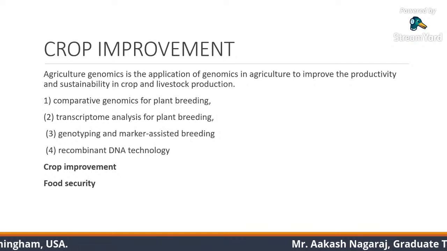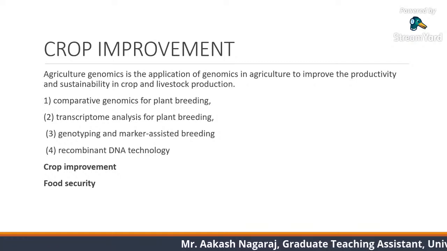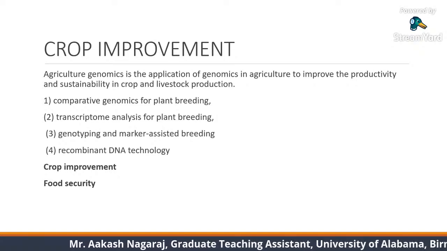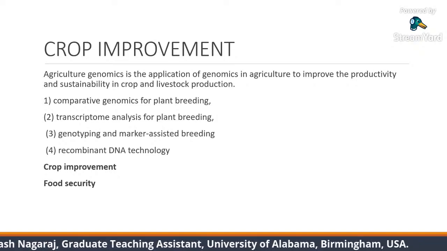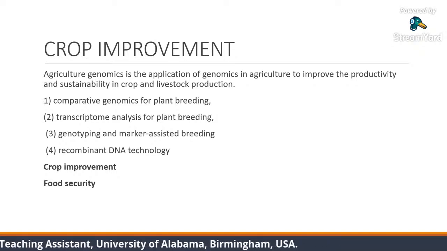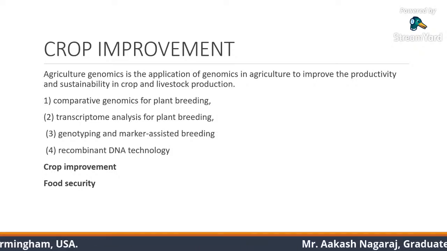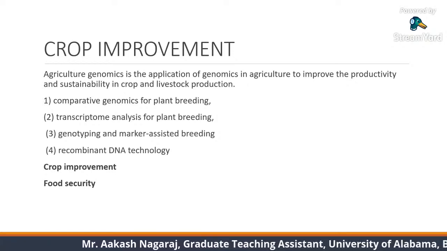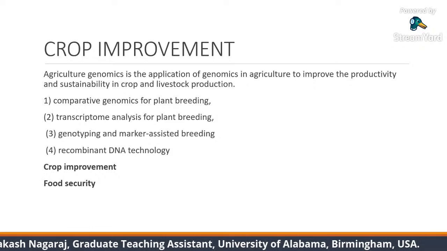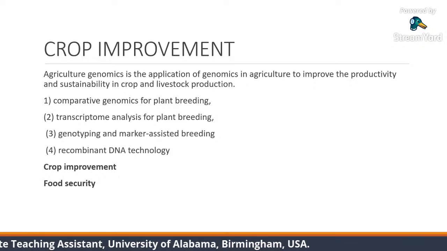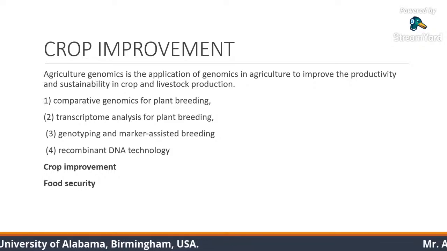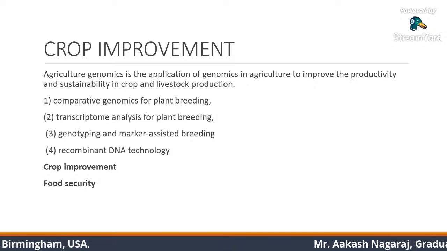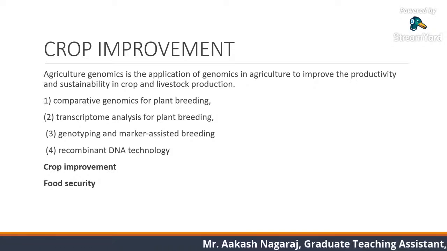This could be used to improve the productivity and the sustainability in crop and livestock production. There are 4 points given here: comparative genomics for plant breeding, transcriptome analysis for plant breeding, genotyping and marker assisted breeding, and recombinant DNA technology.